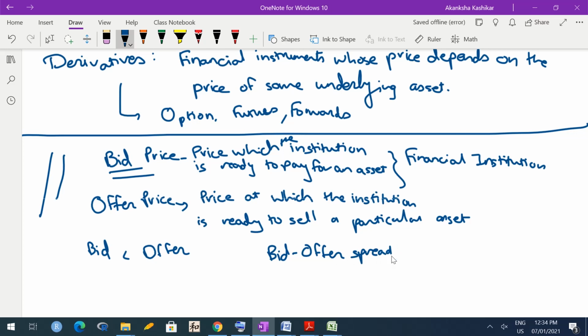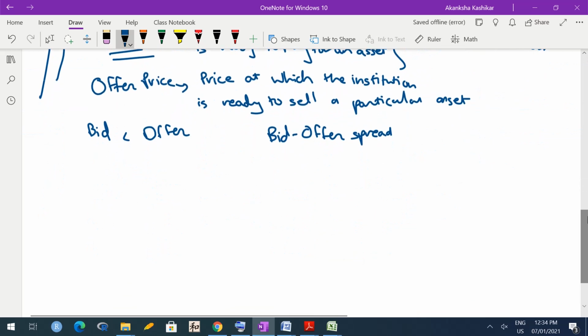Let me explain further what is meant by this. Suppose you have recently been to US and you have some dollars left with you, and now you want to get those dollars converted to rupees. So you want to sell your dollars to bank. So bank is going to buy those dollars from you.